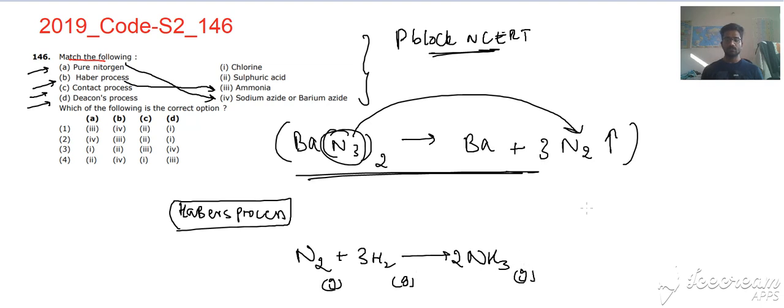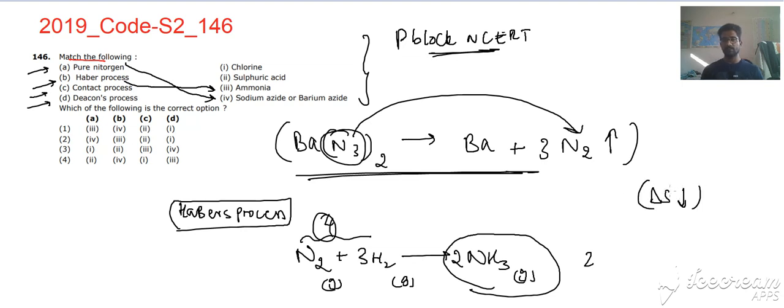If you see, the number of moles of gases on the product side is only 2, whereas the number of moles of gases on the reactant side is 4. So the randomness, delta S, is decreasing, or delta Ng is negative.